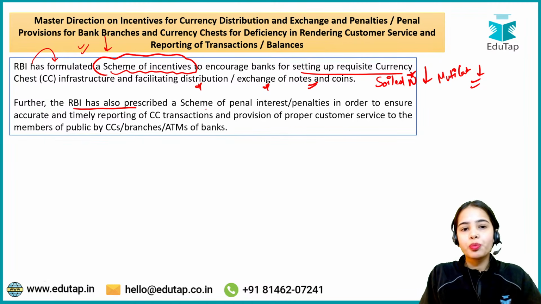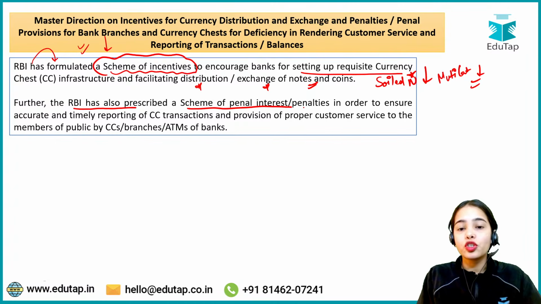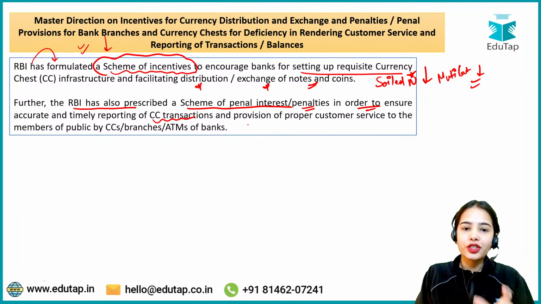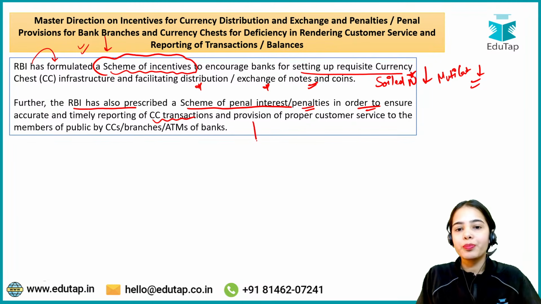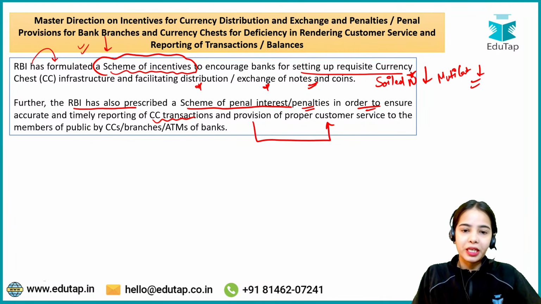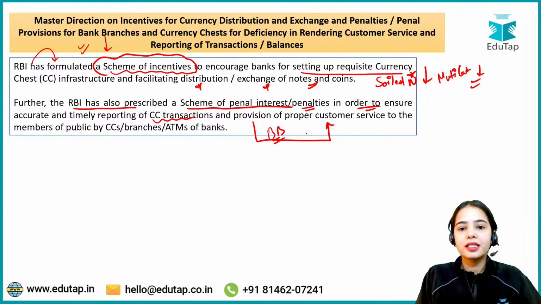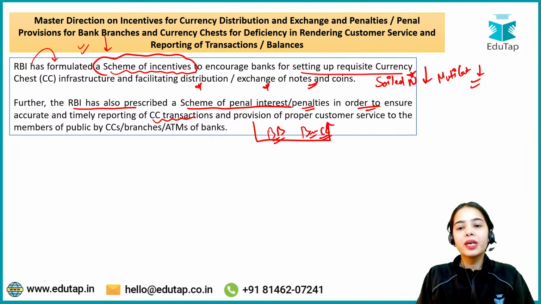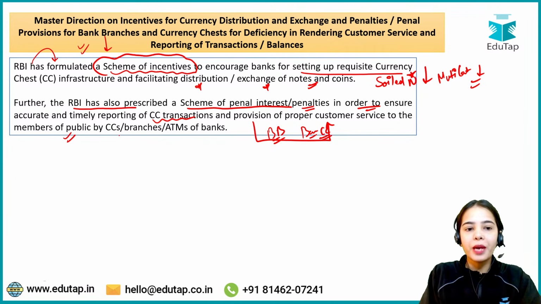Further, the RBI has also prescribed a scheme of penal interest or penalties in order to ensure that accurate and timely reporting of currency chest transactions happens with the RBI, as well as provision of proper customer service to the members of public, so that the bank branches and the banks with the currency chest provide proper customer service to the members of public, by the currency chest branches and the ATMs of the banks.